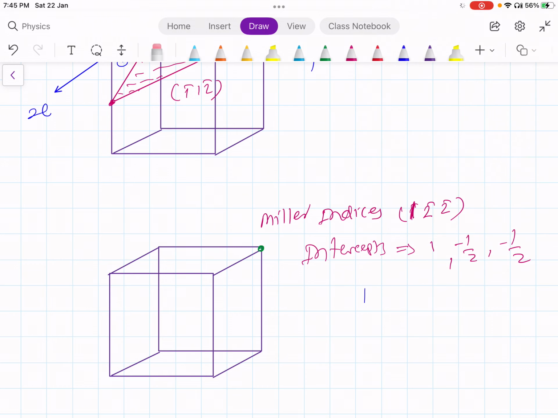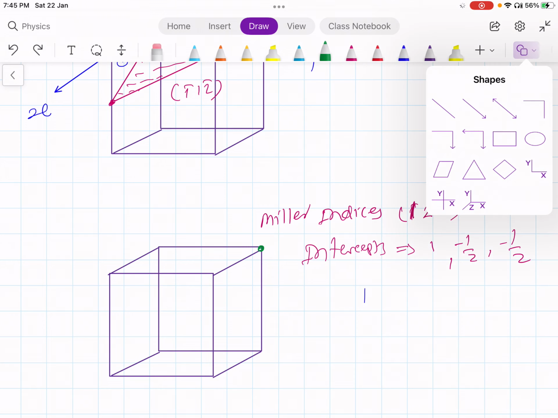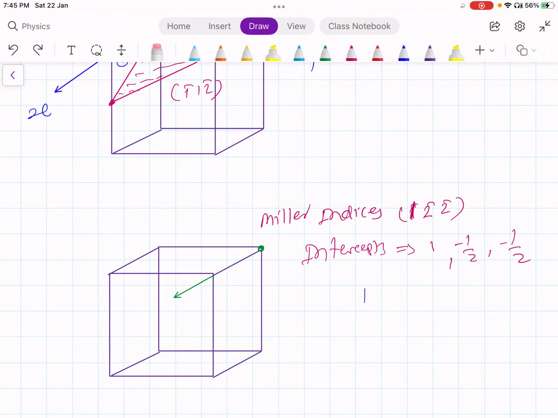Mark the axis. X-axis, y, and z. Oh, that is not the origin.